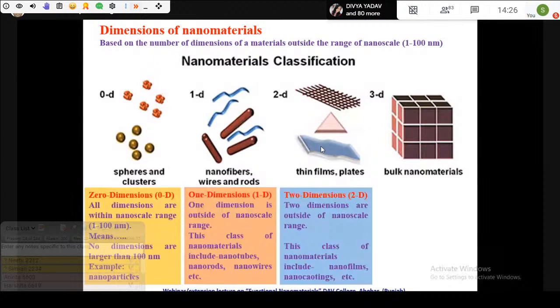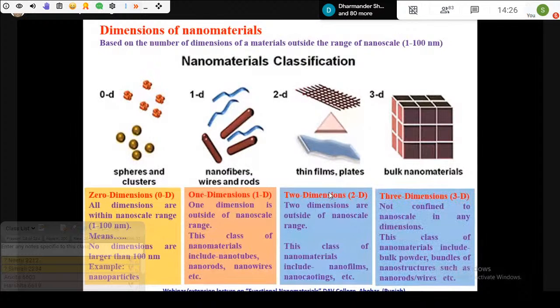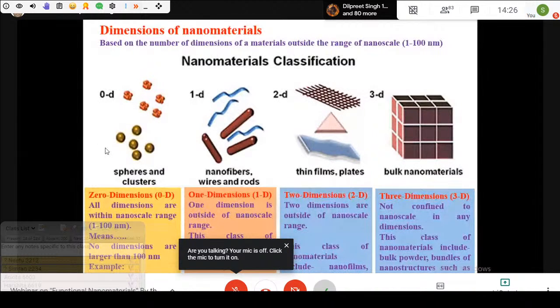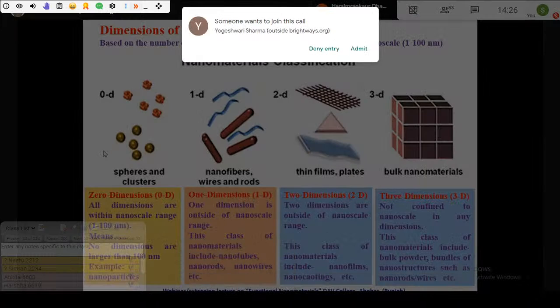Similarly, 2 dimensional, when 2 dimensions are out of 1 to 100 nanometer, but still 1 dimension is in nanometer. 3 dimensional, when all the dimensions are out of this range. Okay, so we define what is 0, 1, 2 and 3 dimension with reference to nano.